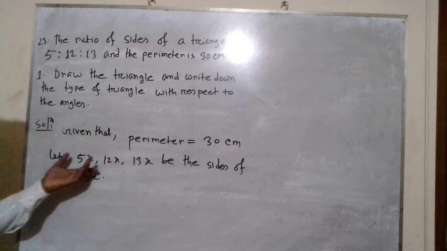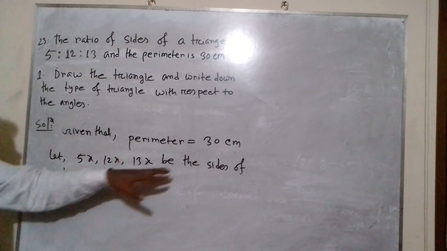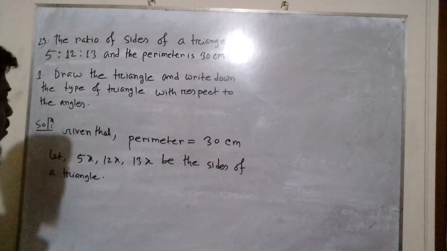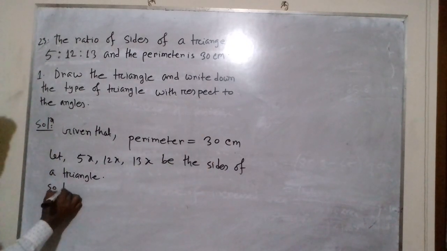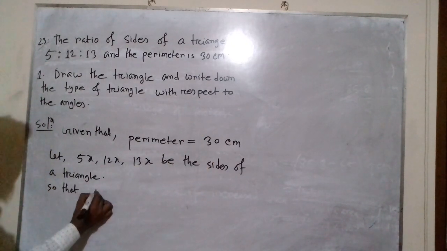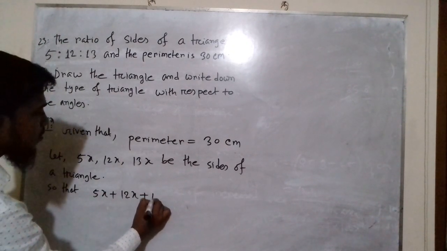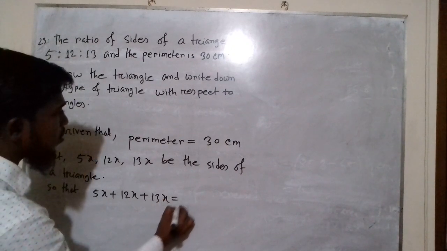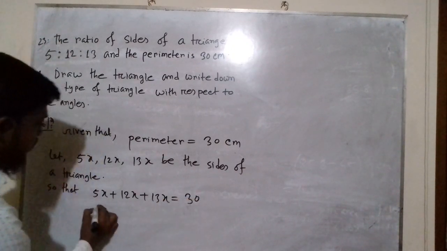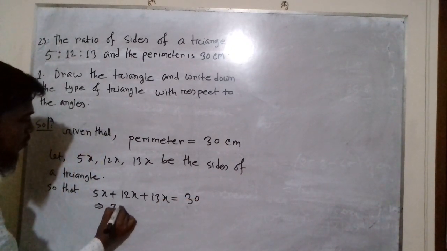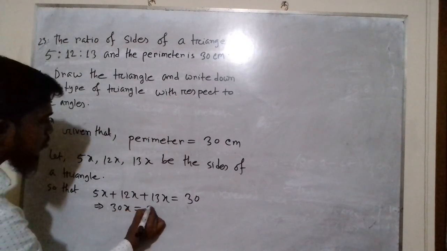So the sum of the three sides of the triangle is equal to the perimeter. So that 5x plus 12x plus 13x equals 30.